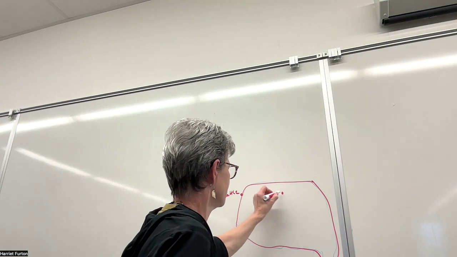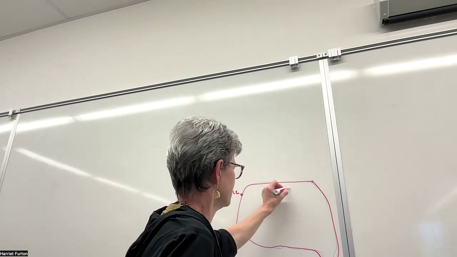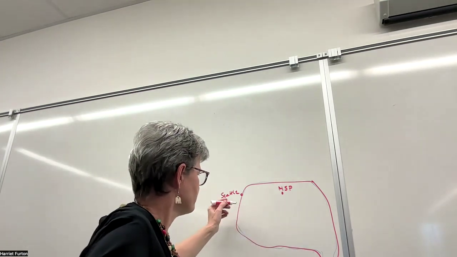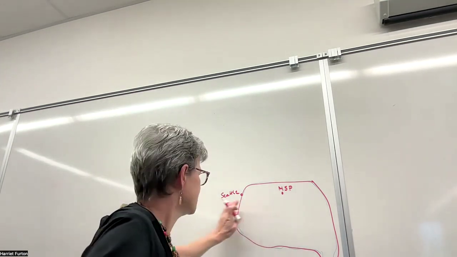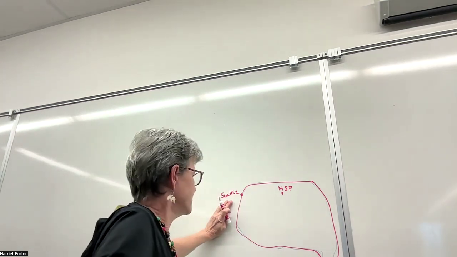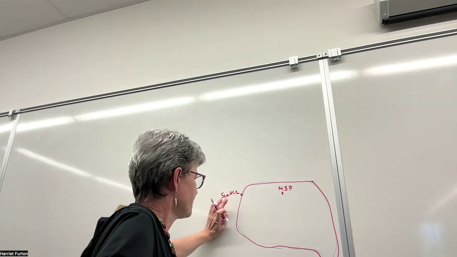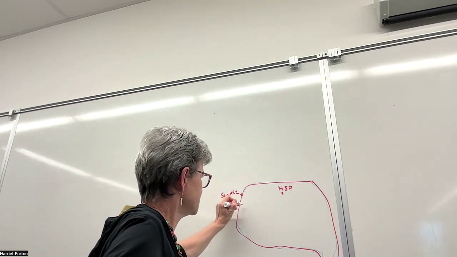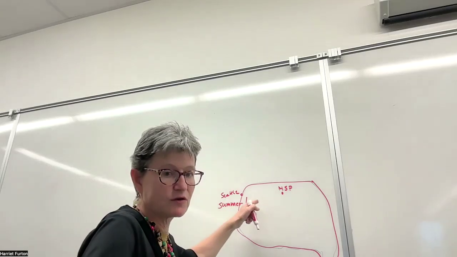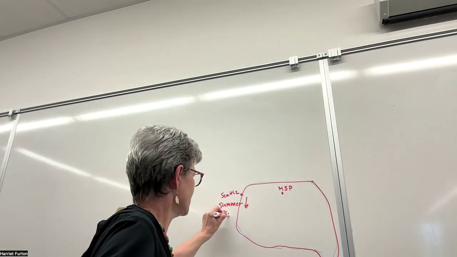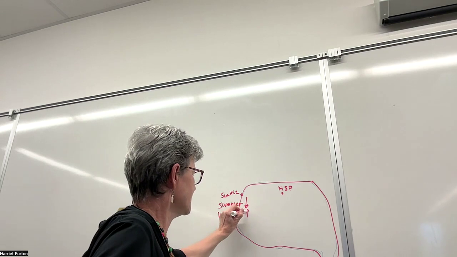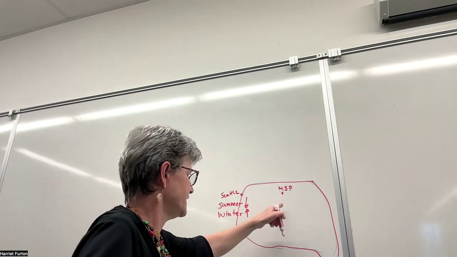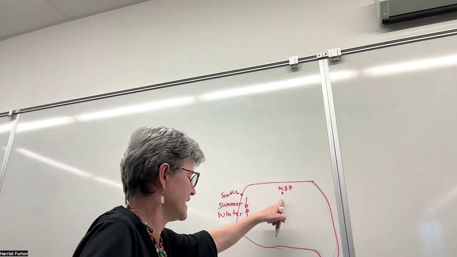And here is MSP, Minneapolis, St. Paul. Now, this is the middle of the continent. Seattle is on the side of the ocean. The summer temperature for Seattle is low because the ocean cools it down, but the winter temperature is relatively high compared to Minneapolis, St. Paul.